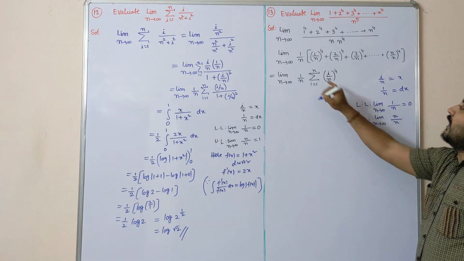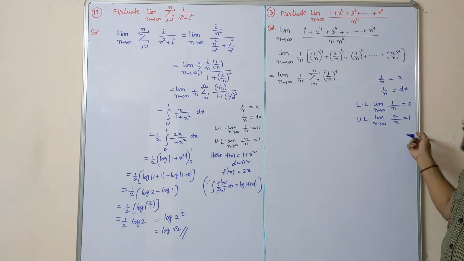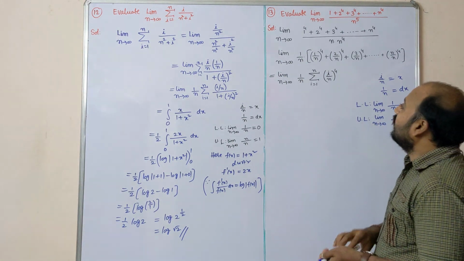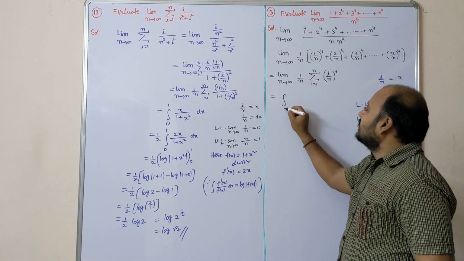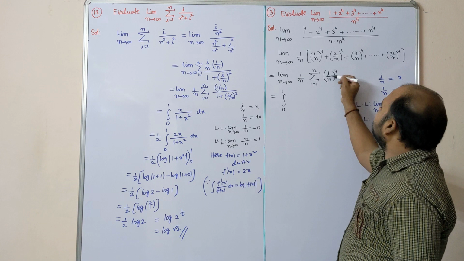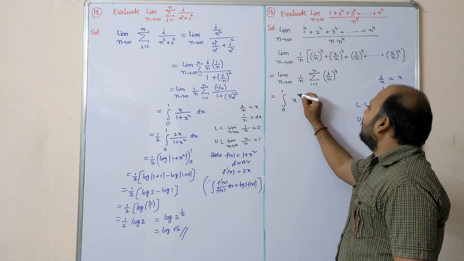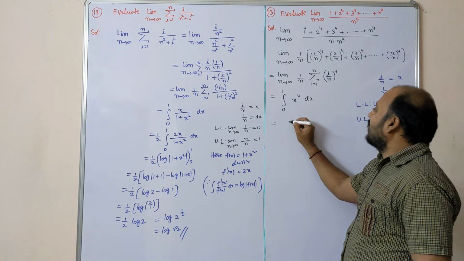N. That means the final value of I is n. Limit of any constant is constant. So therefore, in place of limit n tends to infinity sigma, it becomes integration, lower limit to upper limit, and in place of I by n, x, and 1 by n as dx. So x power 4 dx. Integral of x power 4 is x power 5 by 5.